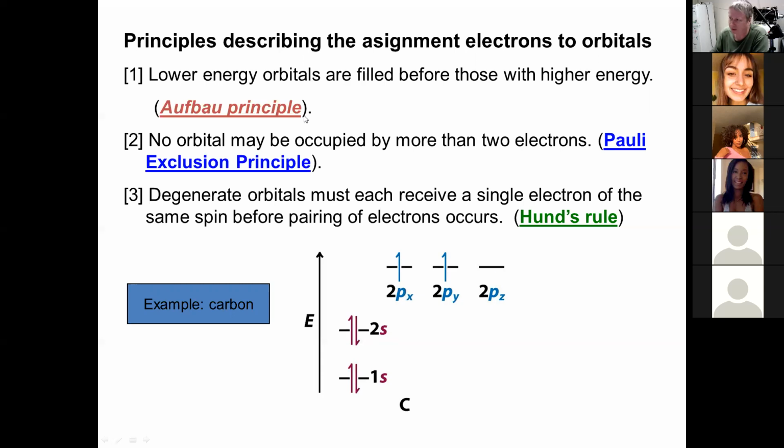The Aufbau principle says lower energy fills in first, can't fill in more than 2 electrons, and degenerate orbitals must receive a single electron before receiving a pair of electrons. That's what's going on in the top ones. It's not like we put 2 electrons in one orbital. So these are just basic principles of how to fill these orbitals up, okay?